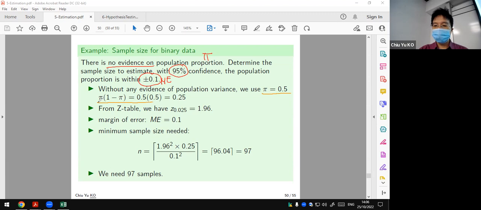We use this 0.025, so only this changes. And it turns out that this is 97.